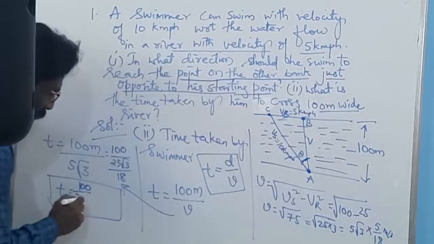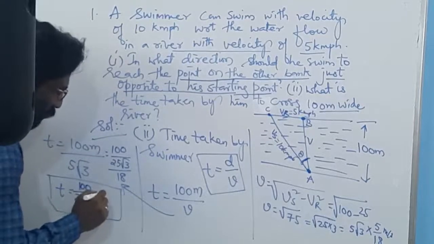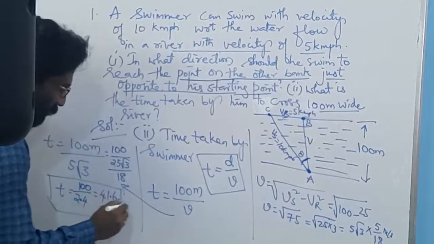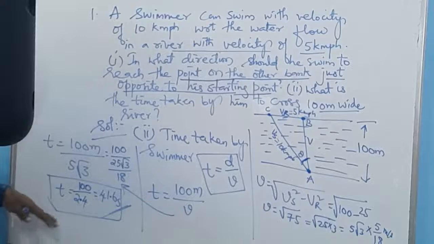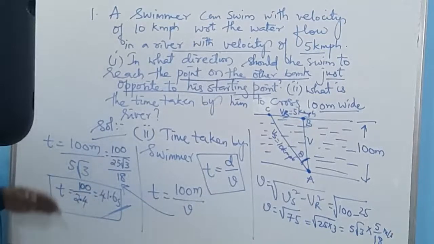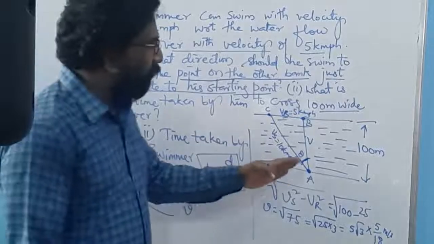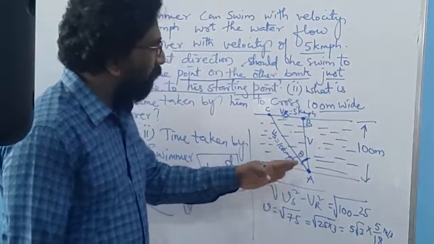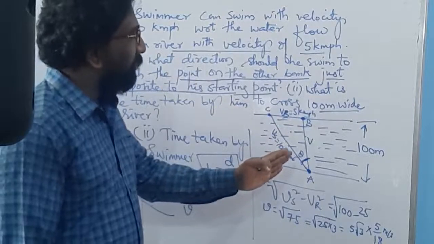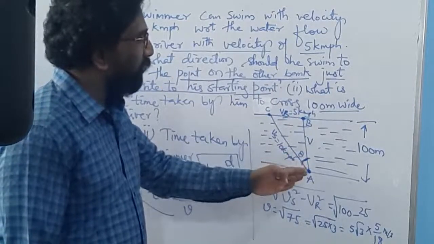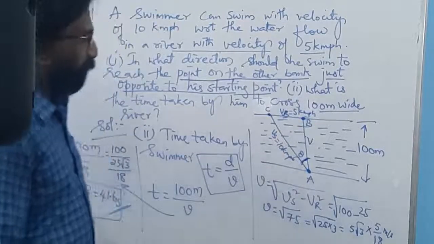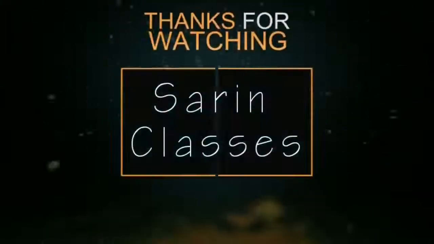So 100 by 2.4, when you do this, you will get 41.6 seconds. 41.6 seconds will be the time taken by the swimmer to swim from one end of the river bank to the other, if he has to reach the opposite point from where he has started. That means from point A to point B.